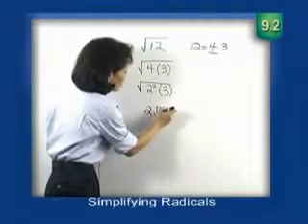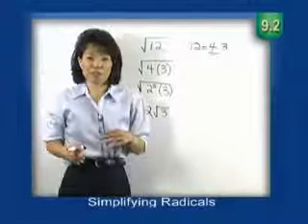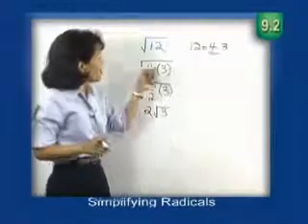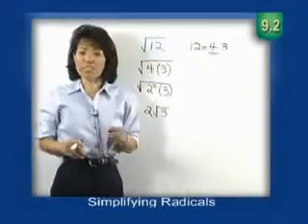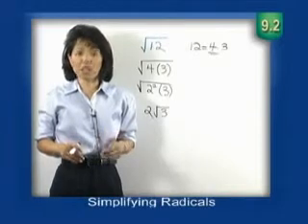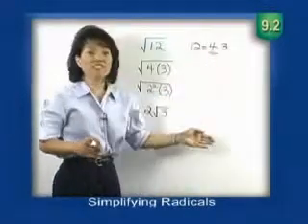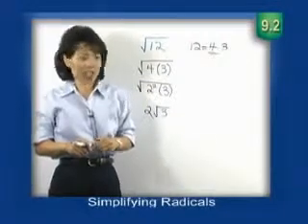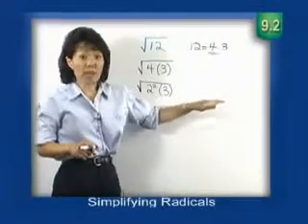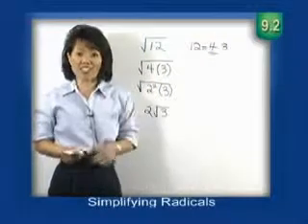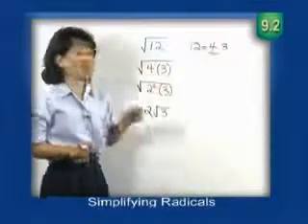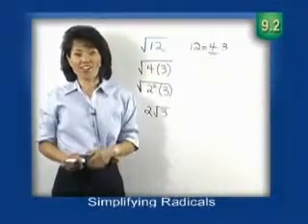So that leaves me 2 square root of 3. Now, these types of problems will take you a little bit of practice up front. What I would recommend is as you work through this, you keep your list of perfect squares nearby. Take one at a time, check to see if it's a factor of that number, break it into those factors, and simplify those radicals.